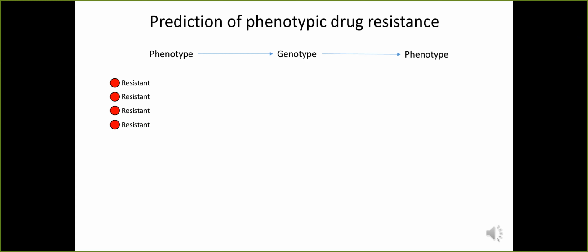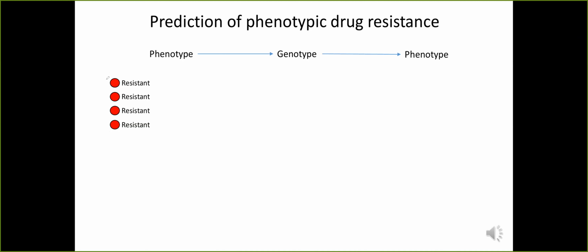These are Mycobacterium tuberculosis strains that we know are resistant because we have performed phenotypic drug susceptibility testing, for example with MICs, and we know these strains are resistant to a particular drug, let's say rifampicin.